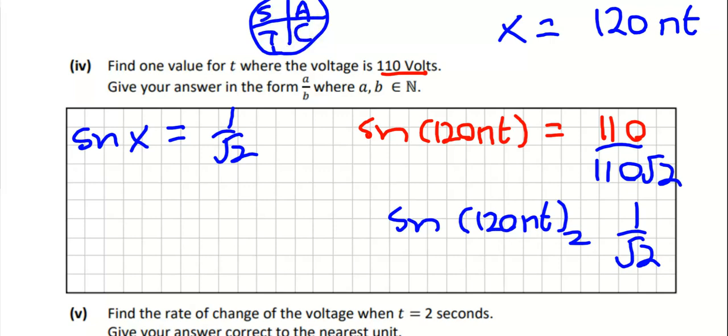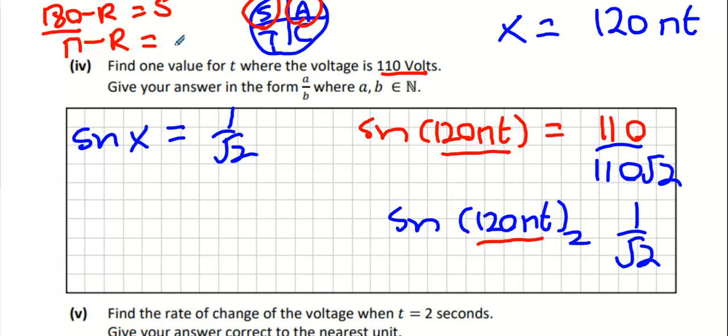Sine is positive, so there's only 2 quadrants where sine is positive, and that is A and S. You're completely entitled to do these in degrees, but actually no, you have to do them in radians because the system's in radians. Usually it'd be 180 degrees take away R for the S quadrant, but 180 is pi radians, so it's pi minus R for the S region. And A is just standard for A.